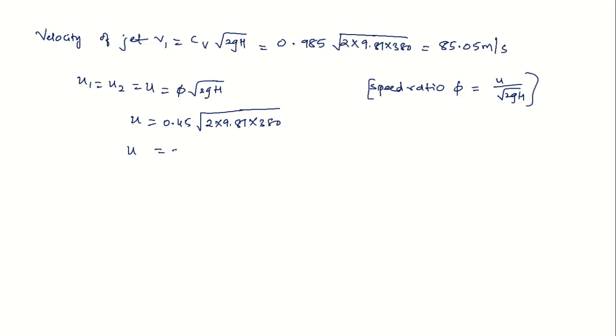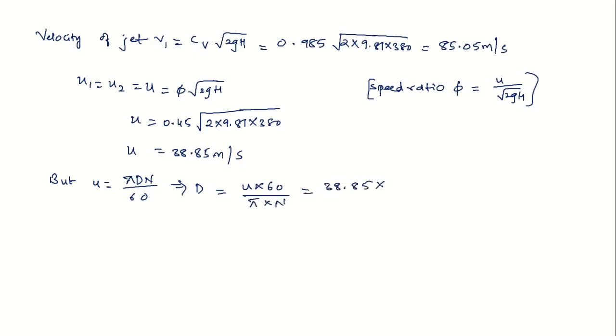around 38.85 meters per second. But we have u as pi D N by 60, correct? So let's take up this formula of u equal to pi D N by 60 such that I'll write D from here. So D will be equal to u into 60 by pi into N, which is 38.85 into 60 by pi into 750, the speed value given to us.